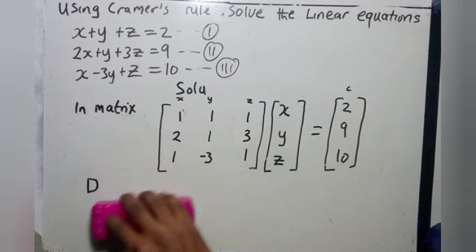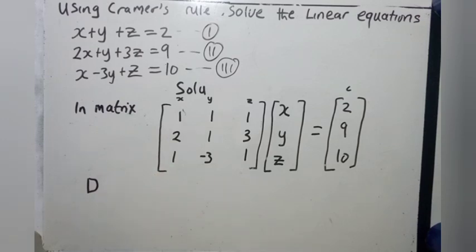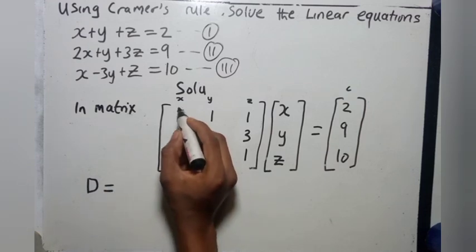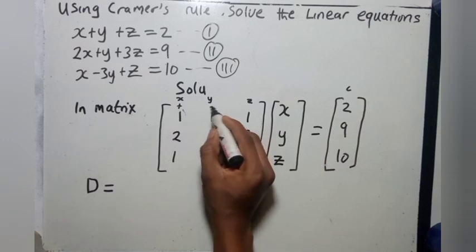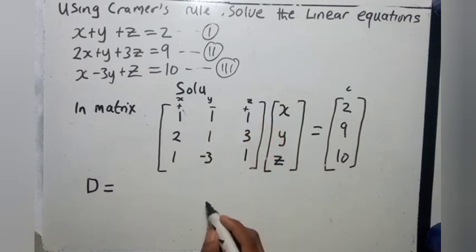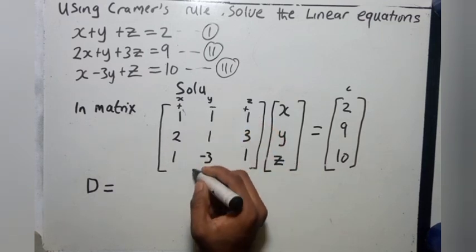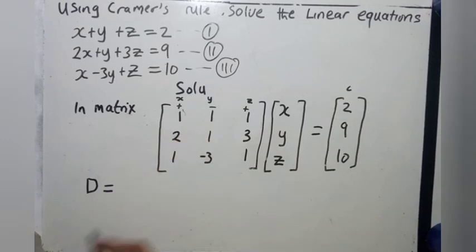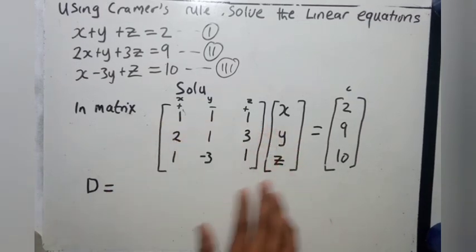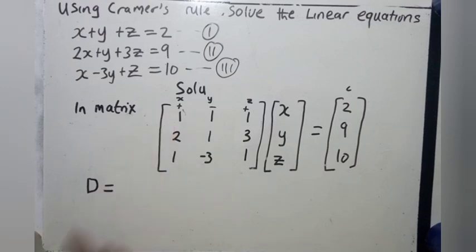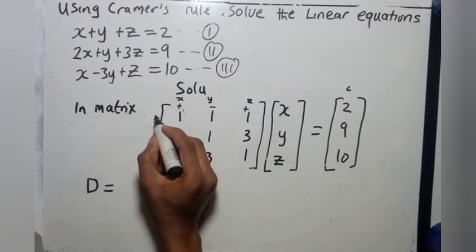Now, starting from the main D itself, the determinant of this matrix. For us to find it, we'll put our signs first: plus, minus, and plus. We ask ourselves which of the rows we are going to make use of. I prefer to make use of this first row.